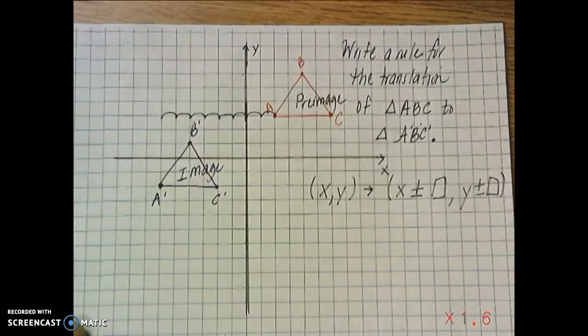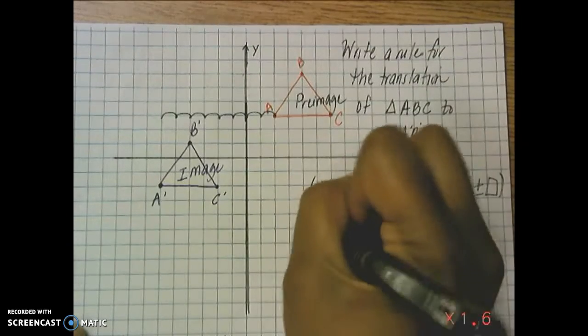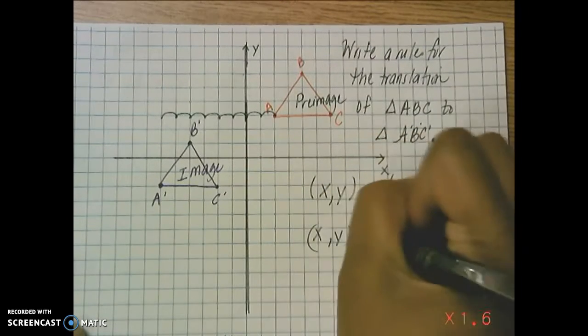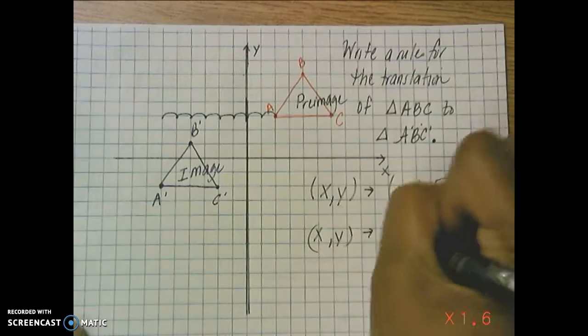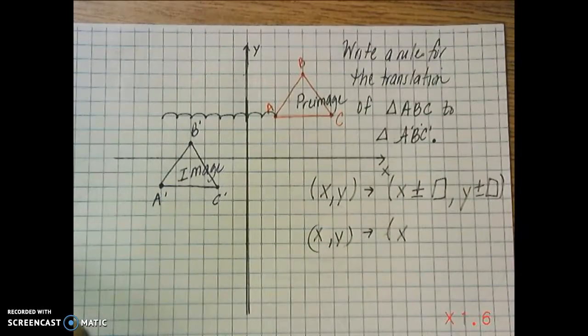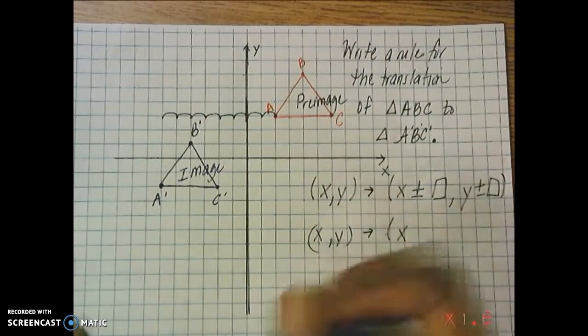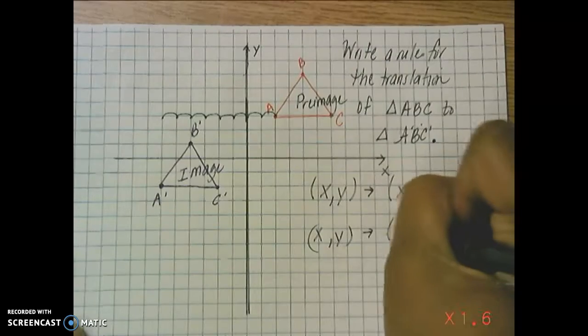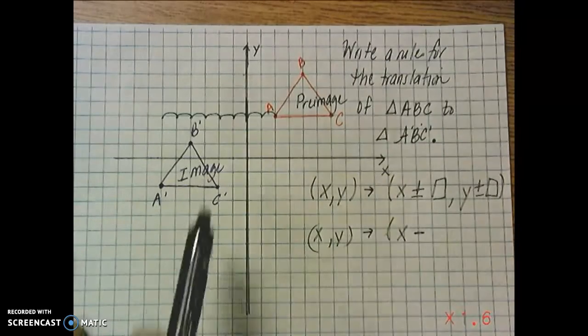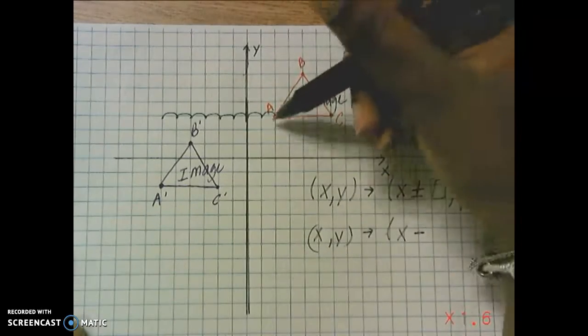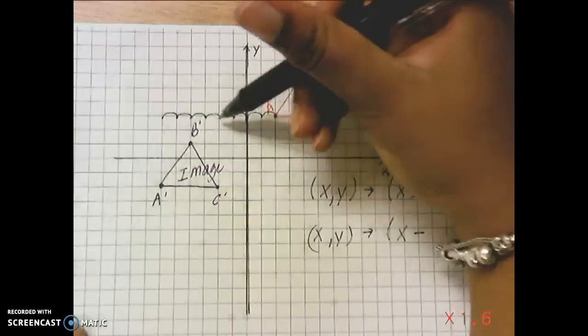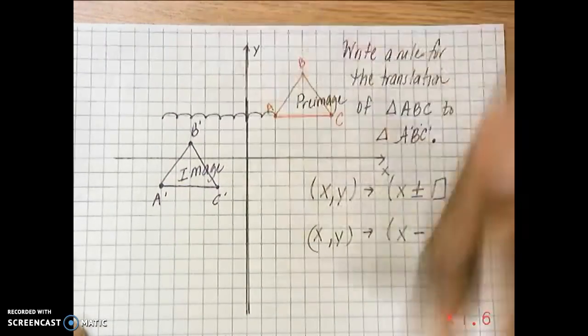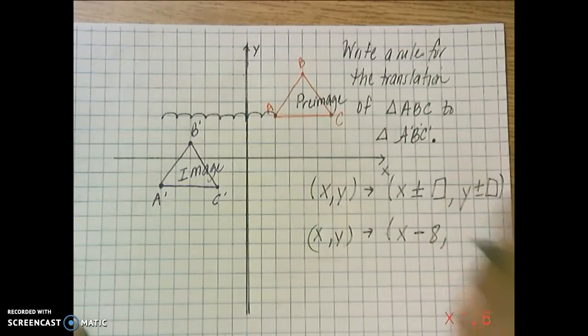So for the A, on the x-axis, I just move to the left. Since I move to the left, that's a minus. So it's going to be x minus, and I think I had 8. Let me make sure. 1, 2, 3, 4, 5, 6, 7, 8. You can always check your work.